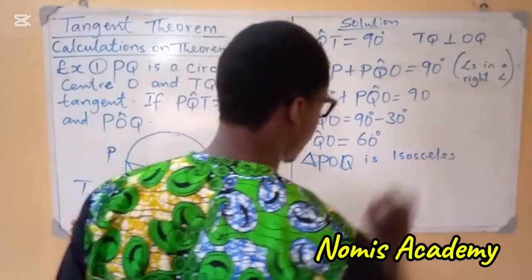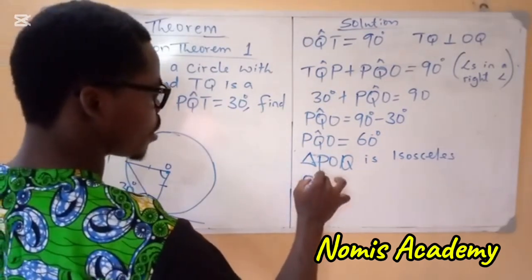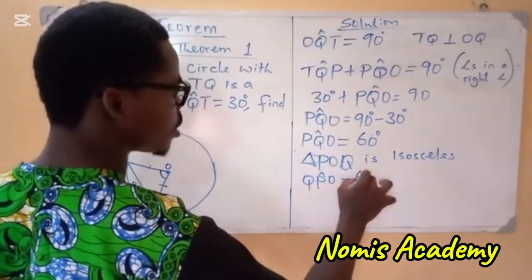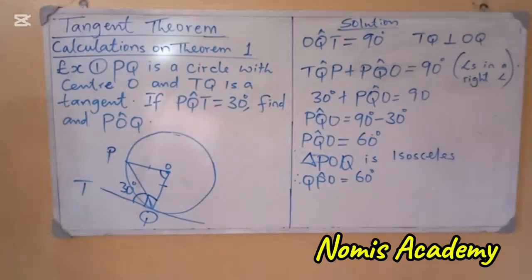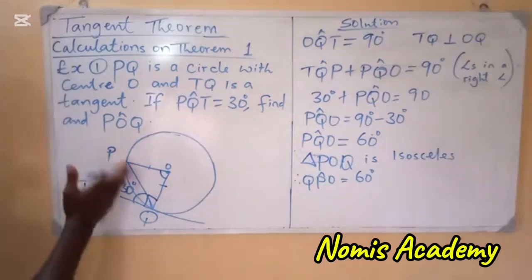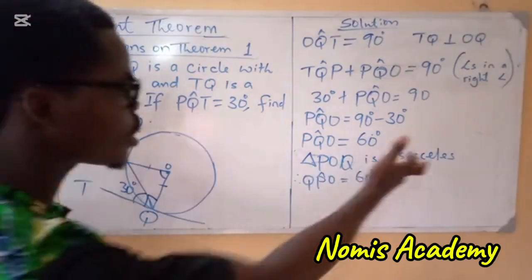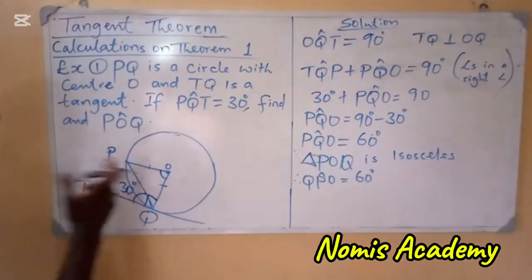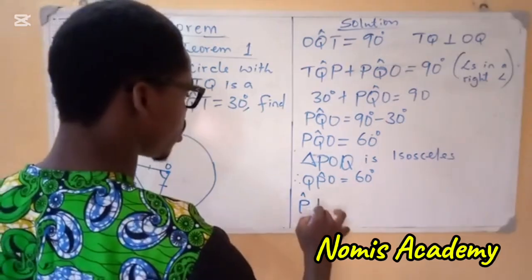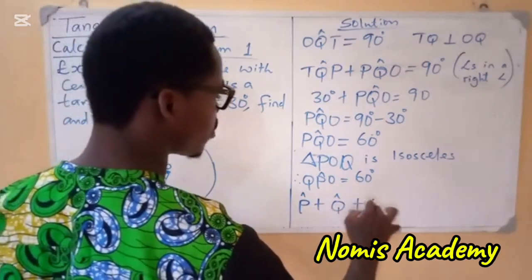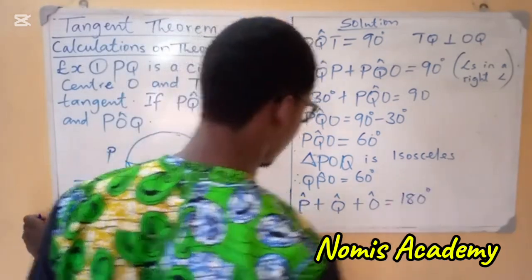Therefore, angle QPO is equal to 60 degrees, which is because base angles of the triangle are equal according to the principle of isosceles triangles. Now, to find the angle at O, we can say that angle at P plus angle at Q plus angle at O is equal to 180 degrees.